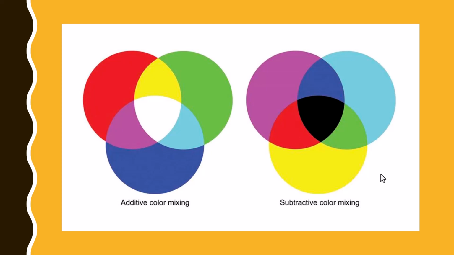Blue and red make magenta, blue and green make cyan, which is a lighter blue. Now on the subtractive color, yes, if you put all the colors together you get black. But we use so much ink trying to create that black that we actually just use black ink, and it makes it a little bit easier and faster drying time for the printer.